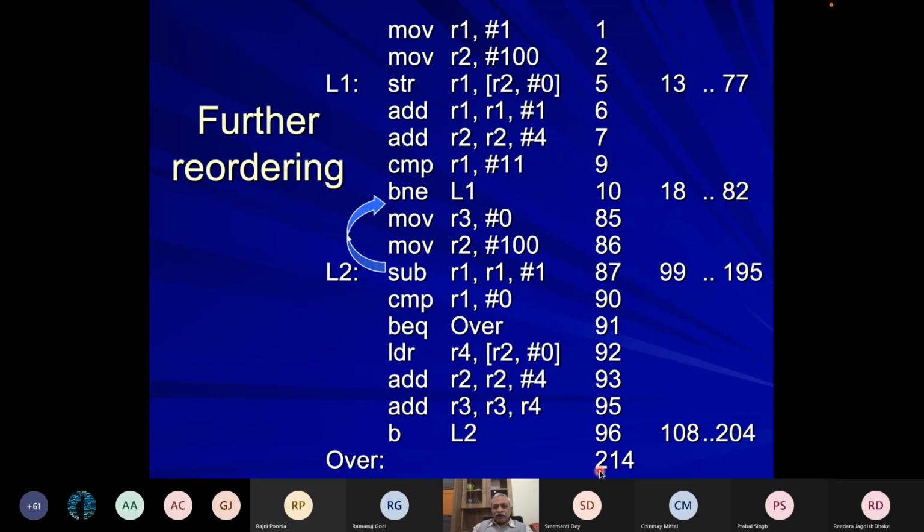We can do further reordering. We can move this subtract instruction. For example, let's look at this first. This subtraction can be done before coming back to the starting point of the iteration.